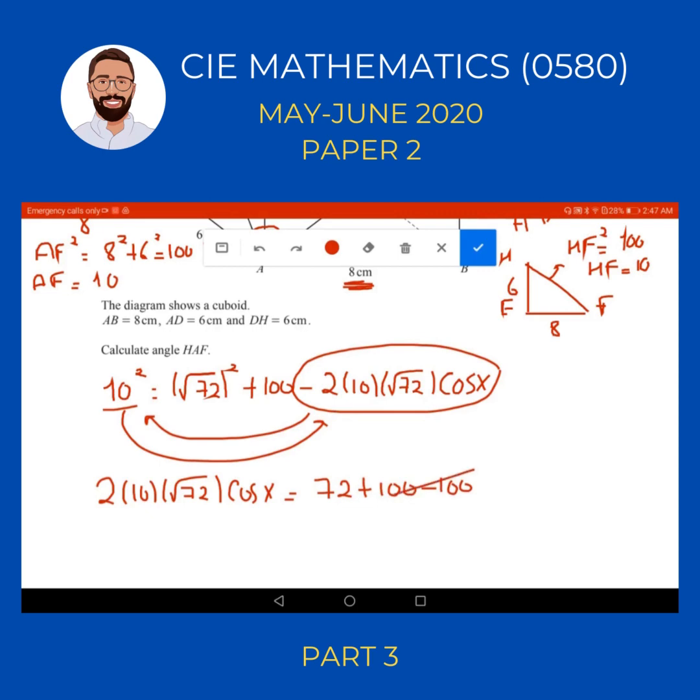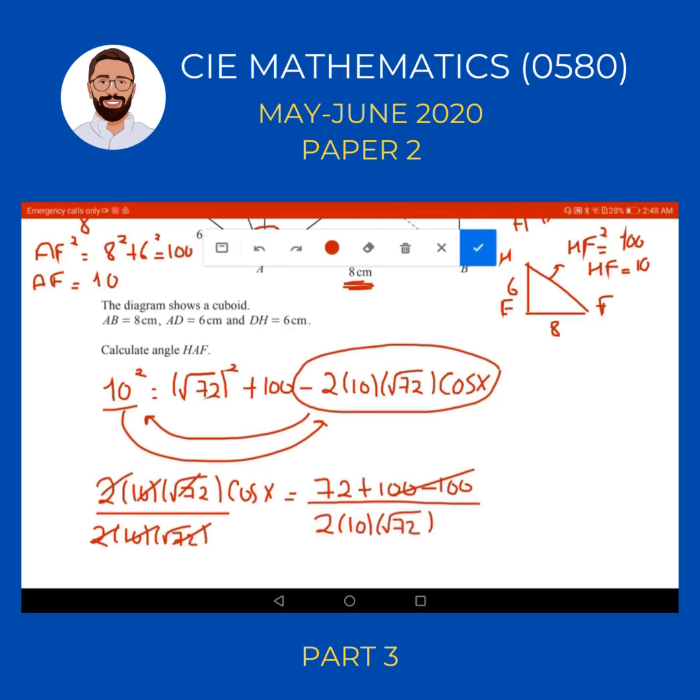So these cancel out. Now here I need to divide by 2 times 10 times the square root of 72, so that I can cancel out the coefficient, and of course the right side by 2 times 10 times the square root of 72.